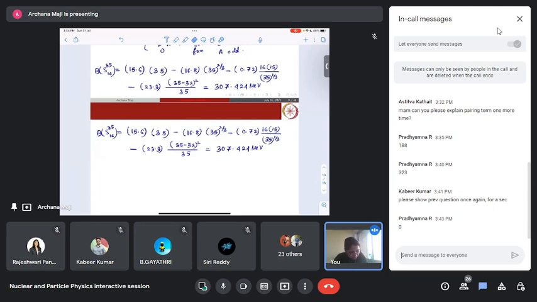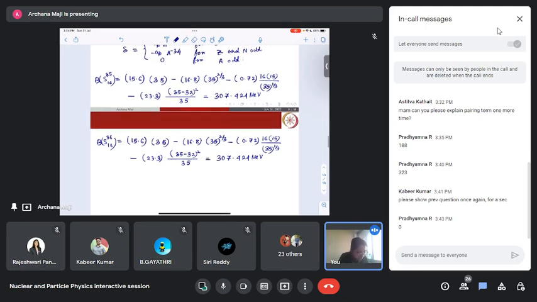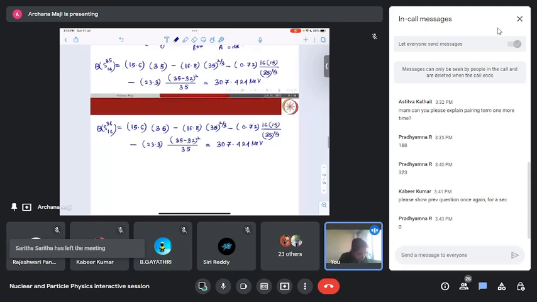For 3616, you just need to substitute 36 instead of 35 everywhere, and Z is still 16, because these are all isotopes.